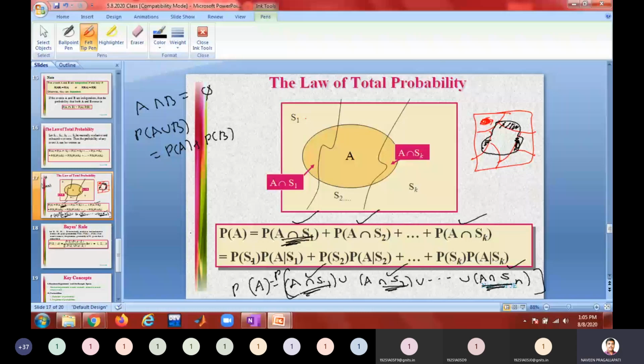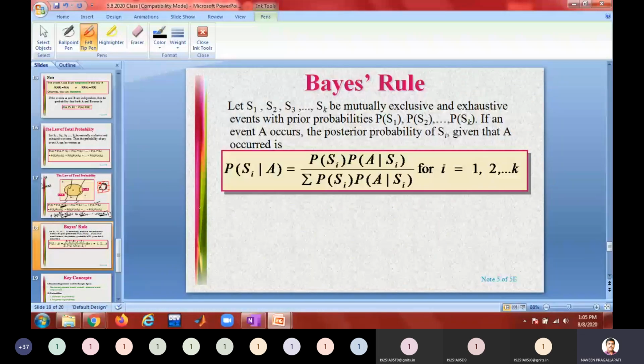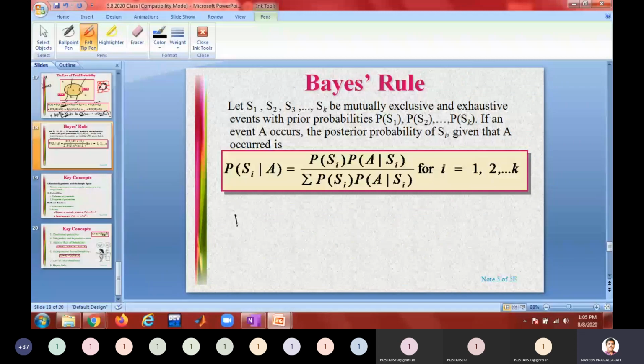Now, what is Bayes rule? Same thing. P of Si given A is equal to P of Si intersection A by P of A. That is the conditional probability formula, no? And the numerator is the joint probability, which is written as P of Si into P of A given Si.